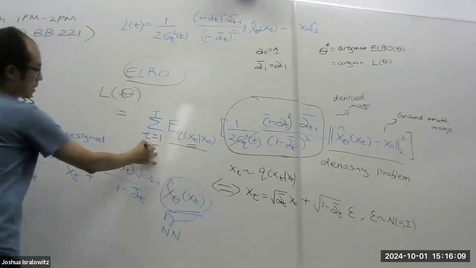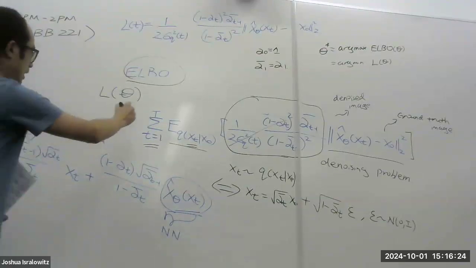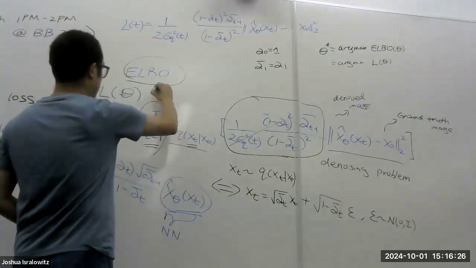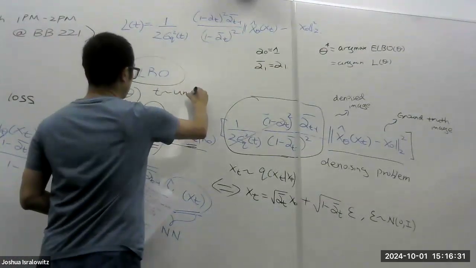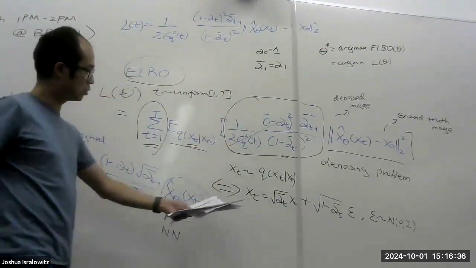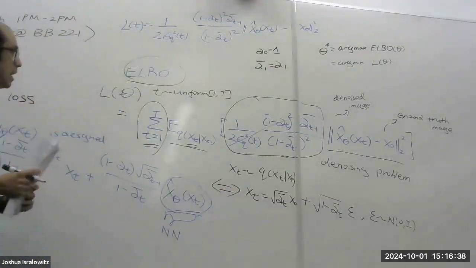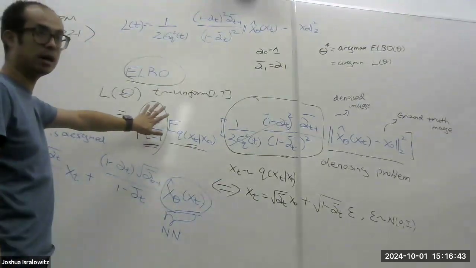At last, you have to sum from 1 to T. That's a summation, but you don't need to do the summation, right? Because that would mean you actually have to calculate from 1 to T one by one. And this can be replaced by t sampled uniformly from 1 to T. Because the forward sampling here is so cheap, with only one step, you can randomly throw a dice and pick a random t right here.